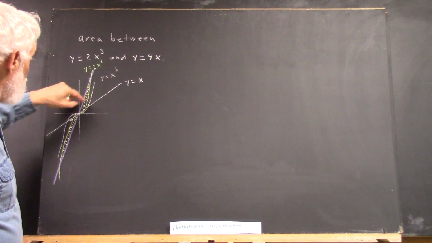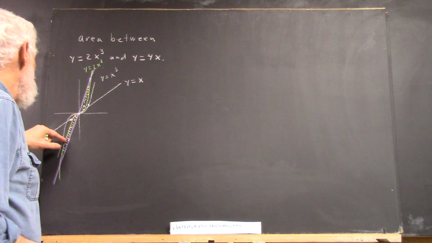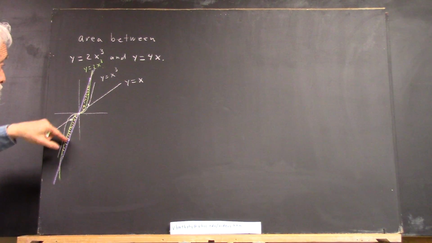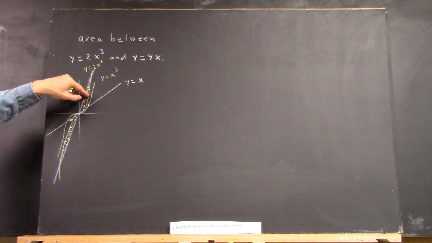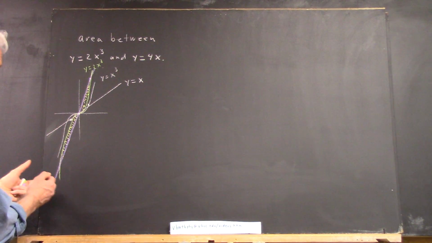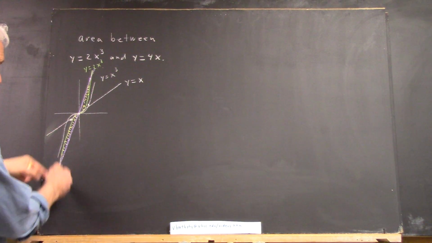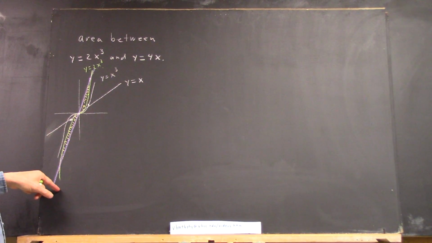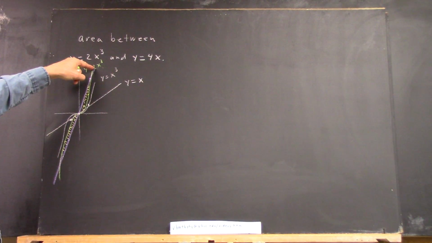So there will be 2 subregions bounded by these 2 graphs. And then beyond this, the 2 graphs don't meet again, so they don't enclose any more area here or up here.